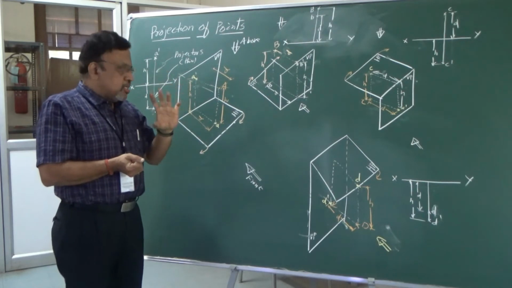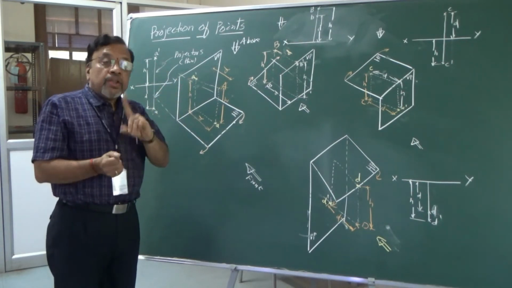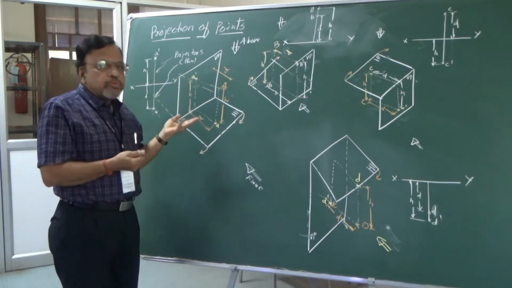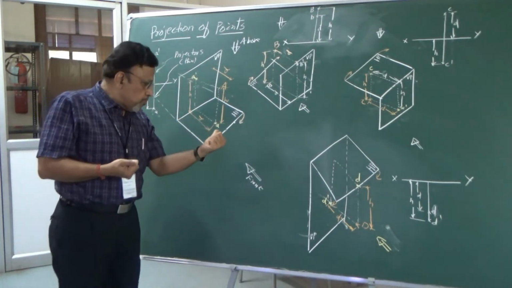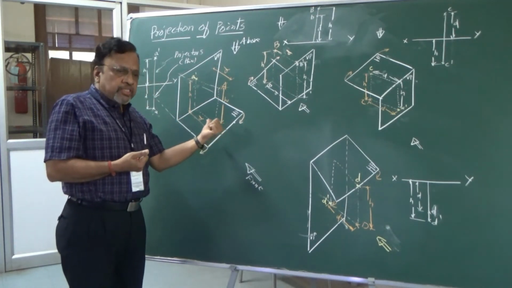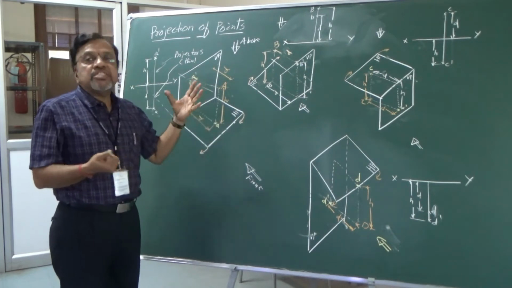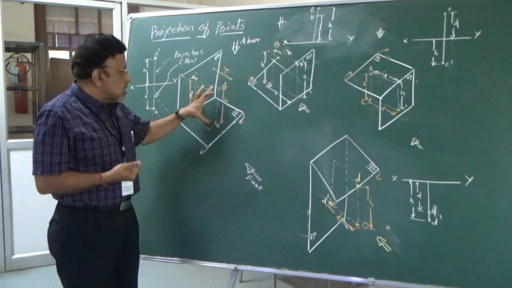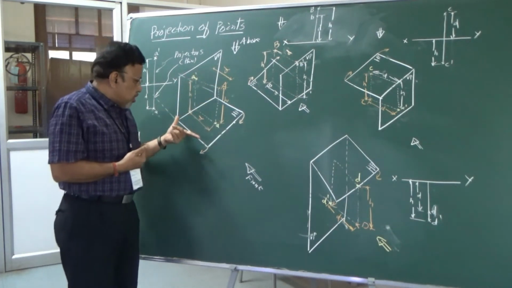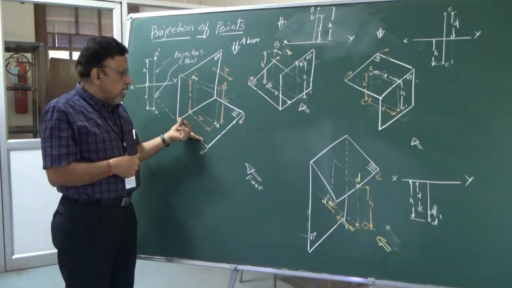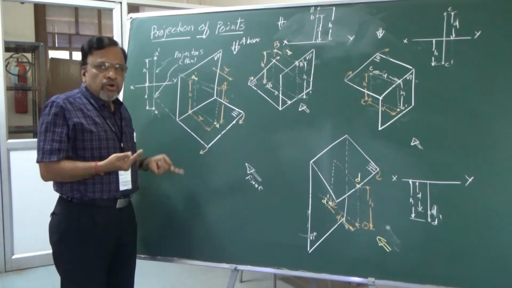which details are we going to see? I can always see with reference to HP. That is, whenever I look from the front, I can always visualize the HP distances, that is, how much it is here. With reference to HP, the object may be either above HP or below HP.